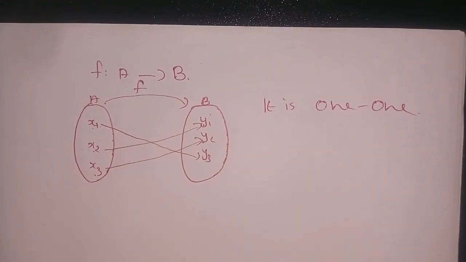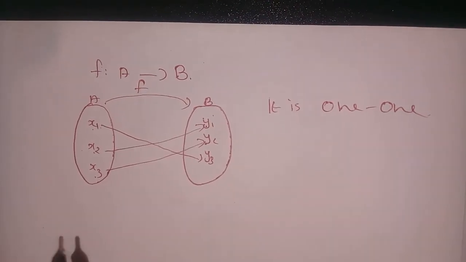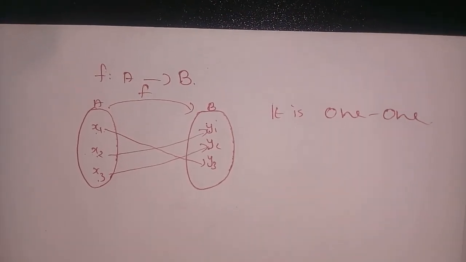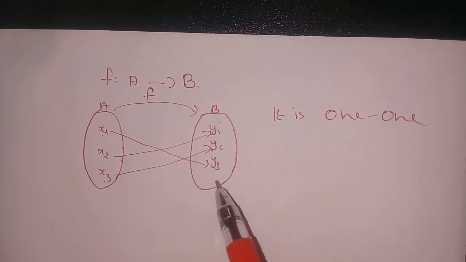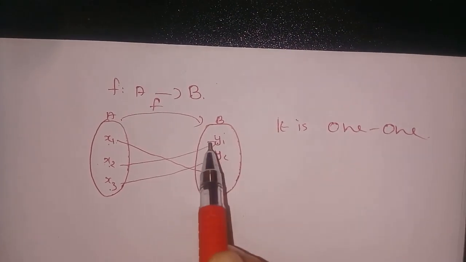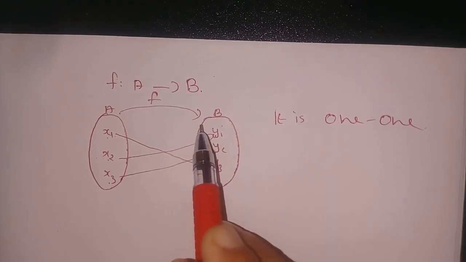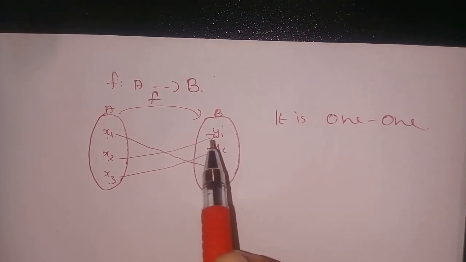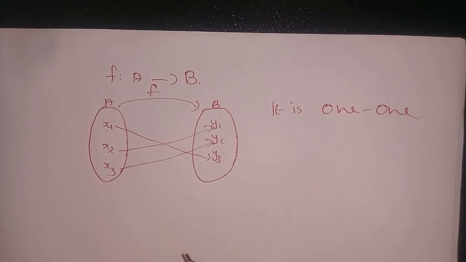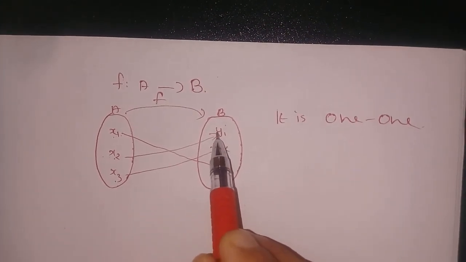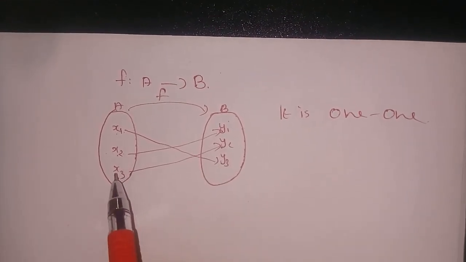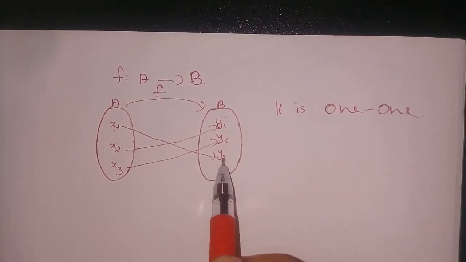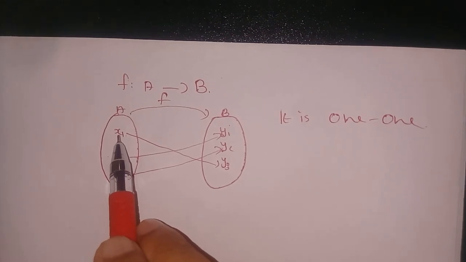Next we want to check whether it is an onto function or not. To check onto, we concentrate on the codomain part of this function. Every element in the codomain must have at least one pre-image. So y1 is an element in the codomain. What is its pre-image? x2. y2, its pre-image is x3. y3, its pre-image is x1.